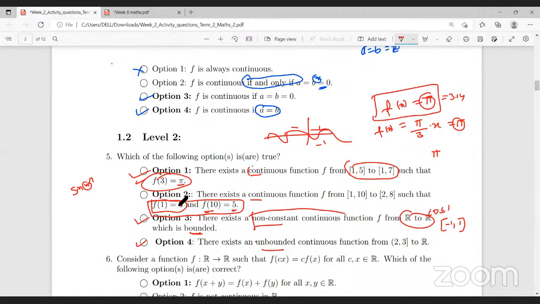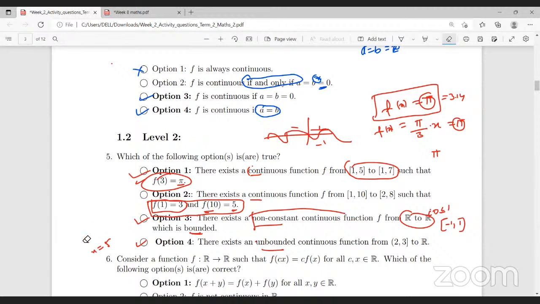I have given the function values 3 and 5: when y equals 1, x equals 3, and when y equals 10, x equals 5. If I put it like this, it will not be correct. So we have to think about this function.